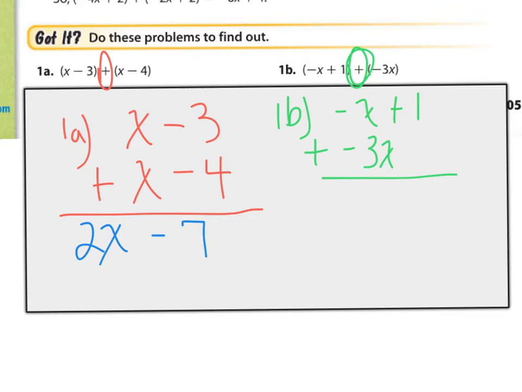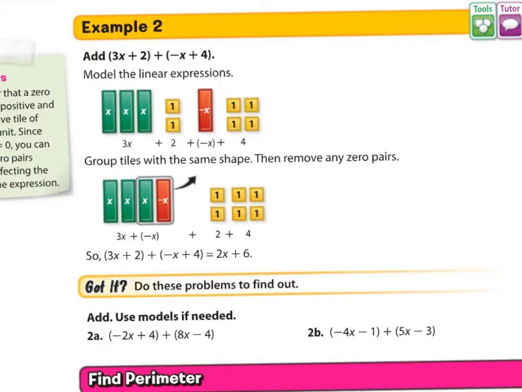So, let's see what we have here. We have negative x plus negative 3x's. It's going to give me a bigger negative. I have negative 4x plus 1. Because our plus 1 has nothing to add with, so it's essentially 1 plus nothing. It's just simply 1. I hope that made sense to you, and I hope you got them correct.